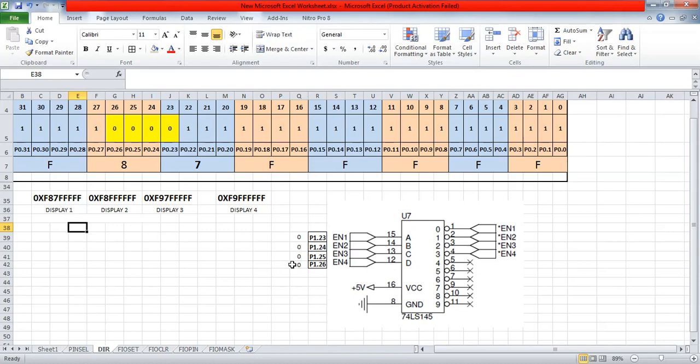Similarly, if you want to select the second display, then the corresponding input must be 0, 0, 0 and 1. Thereby the first line of the decoder output will be activated and this particular output becomes 0. In turn, you are going to activate the second display in the kit.